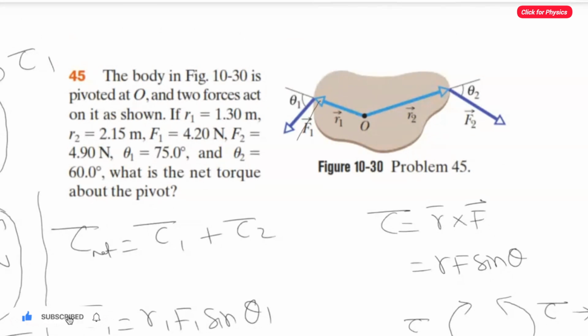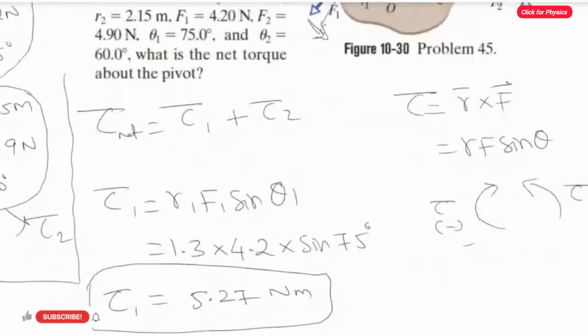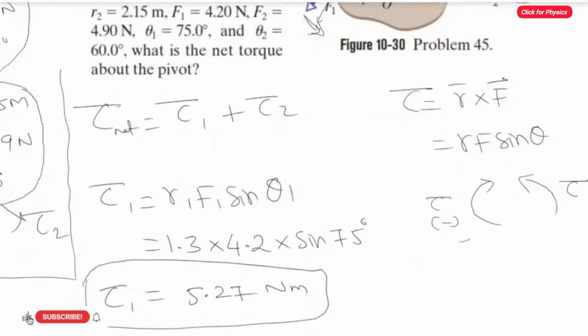For getting the maximum torque, the angle between R1 and F1 should be 90 degree, but here our theta 1 is 75 degree. So for getting the maximum torque, which direction do you have to pull this F1 vector? You have to pull this vector in the counterclockwise direction. That means here your arrow mark should be in the counterclockwise direction. So what we studied, for counterclockwise direction, the torque will take the positive value. That means the answer for tau 1 here is positive.